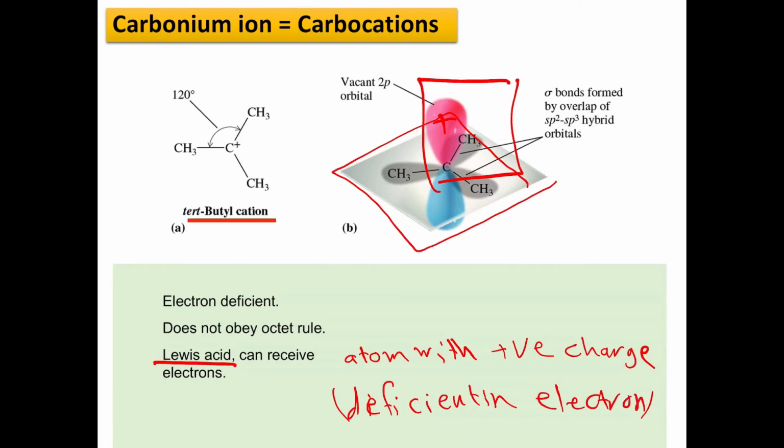That means less electron, and we call it an electrophile. So an electrophile is either a positive charge, a deficient group, or a partial positive charge.